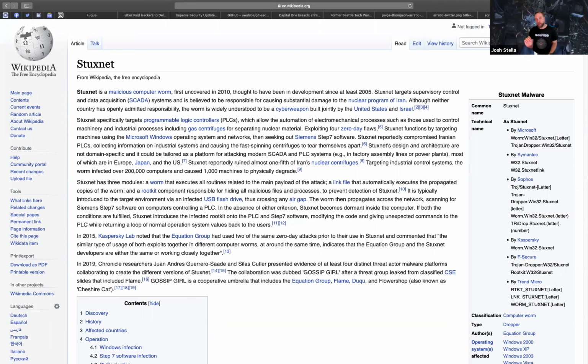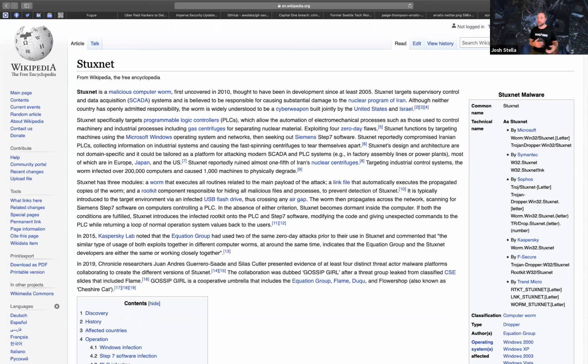And what it would do is try to find machines that had access to what are called SCADA networks. I used to know what SCADA stood for. SCADA is used for things like control devices on manufacturing machines, measurements on oil pipelines.